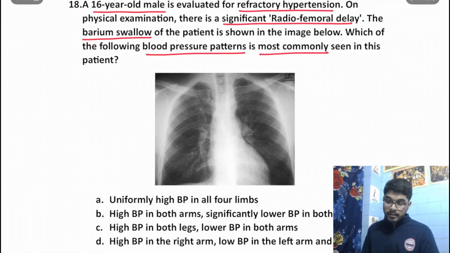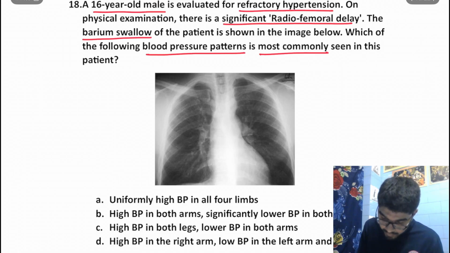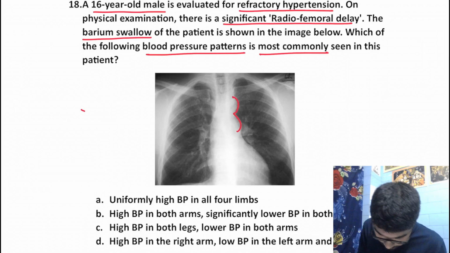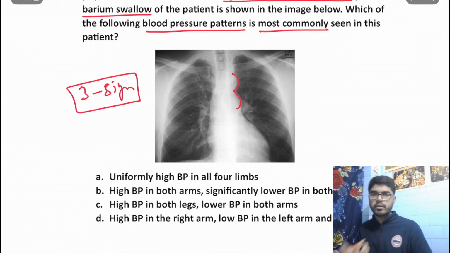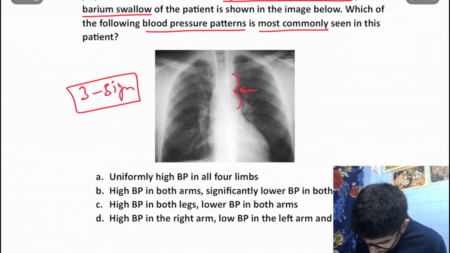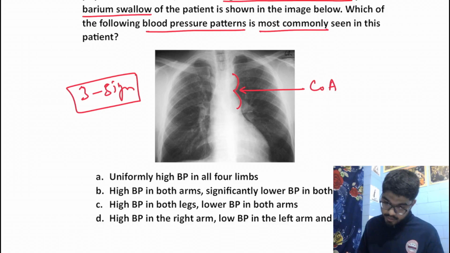So in this X-ray, we can very well appreciate this 3 sign, figure of 3 sign or E sign or reverse 3 sign, whatever you want to call it. Now this notch is due to coarctation of aorta. What happens?